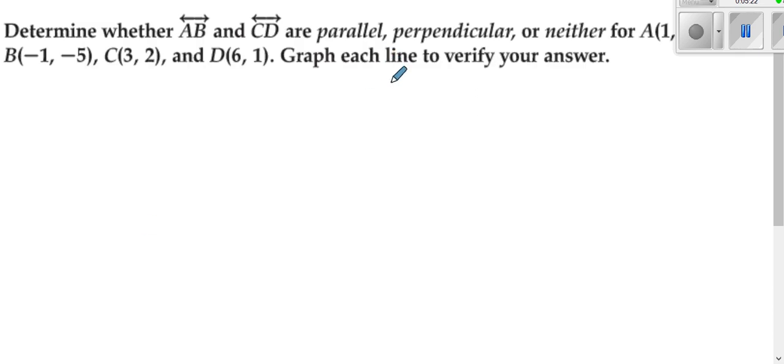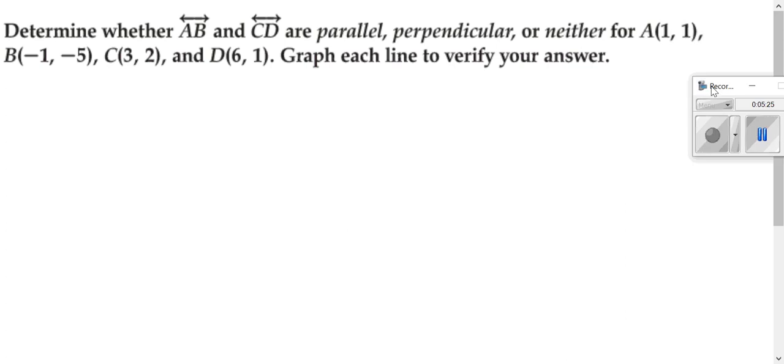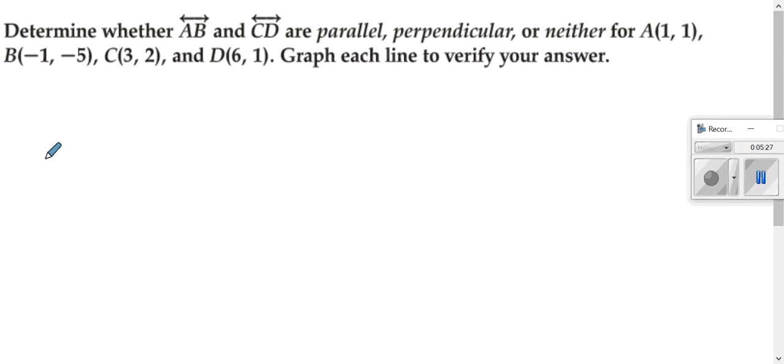Let's do an example here. Can't see my numbers. So we've got A, B, C, and D, and we want to see if AB and CD are parallel, perpendicular, or neither one of those. So first we'd find the slope of AB. Okay, so we're going to do our x1, y1, x2, y2.